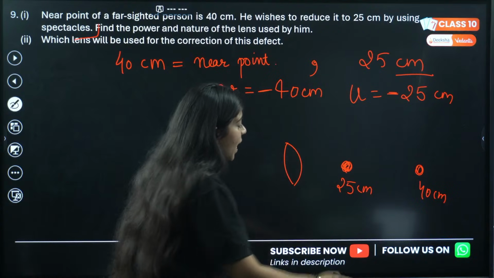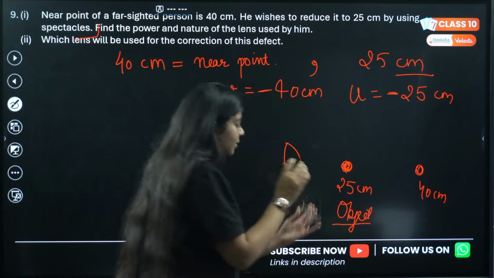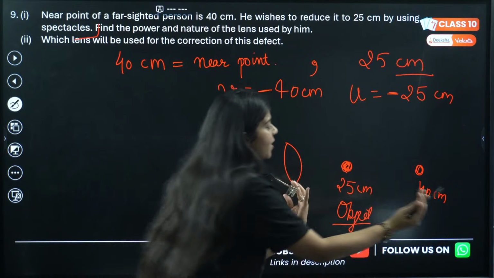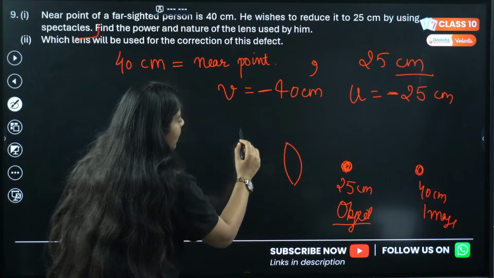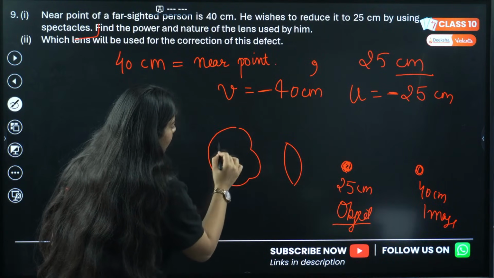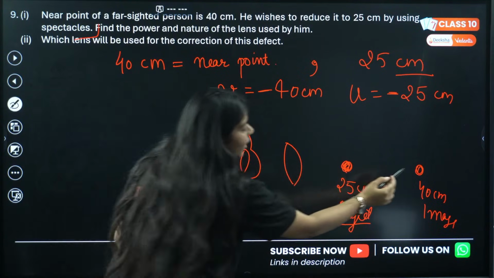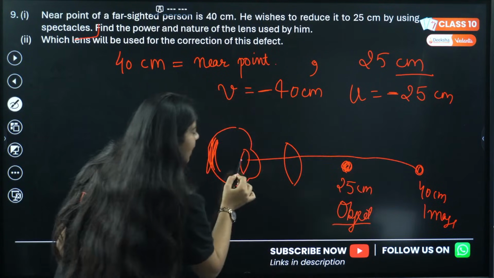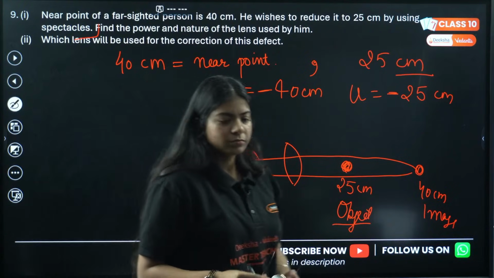That means if the object is at 25 centimeter, I want this lens to make its image first at 40 centimeter, so that my eye lens can clearly see it and the image will be on the retina. Correct? Understood?